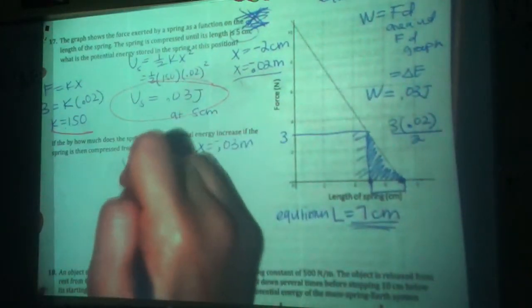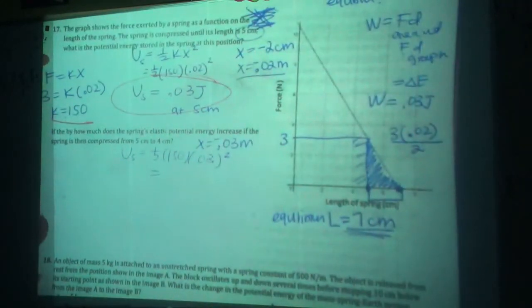So just 0.03, technically a negative, but it's going to get squared anyway, so who really cares? And then my k, once I find it, is my k. I don't need to find it again. So my potential energy at 5 centimeters would be 1/2 times 150 times 0.03 squared, which gives me a potential energy of 0.0675 at 5 centimeters.